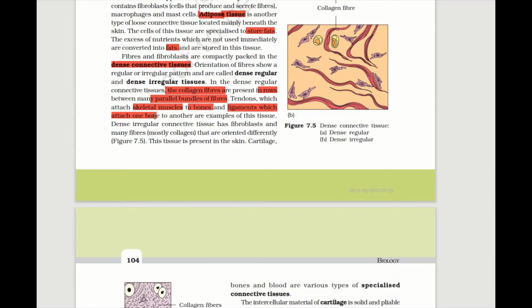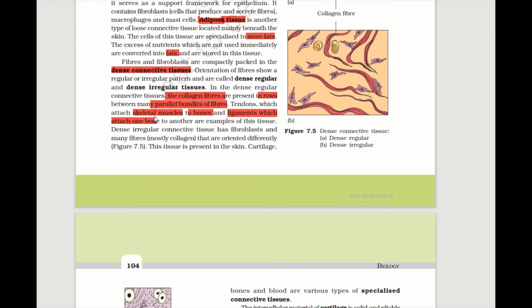We have the example of tendons, which connect skeletal muscle to bone. So muscle to bone is the tendon connection, and bone to bone is the ligament.